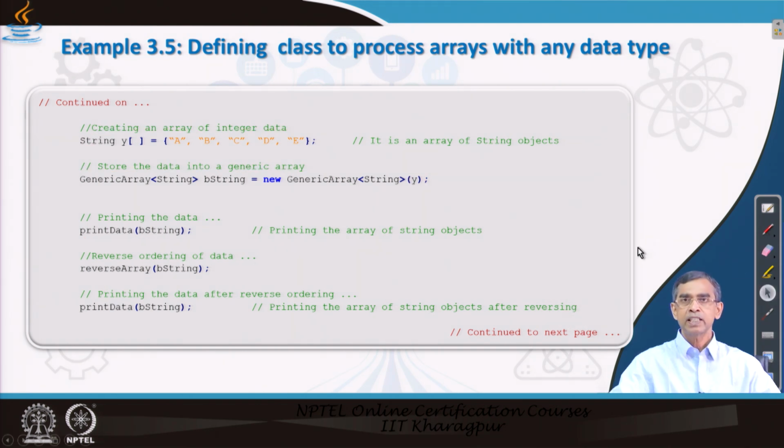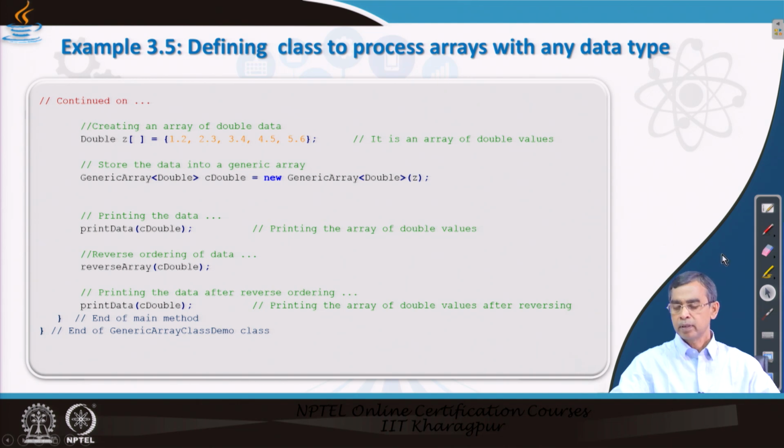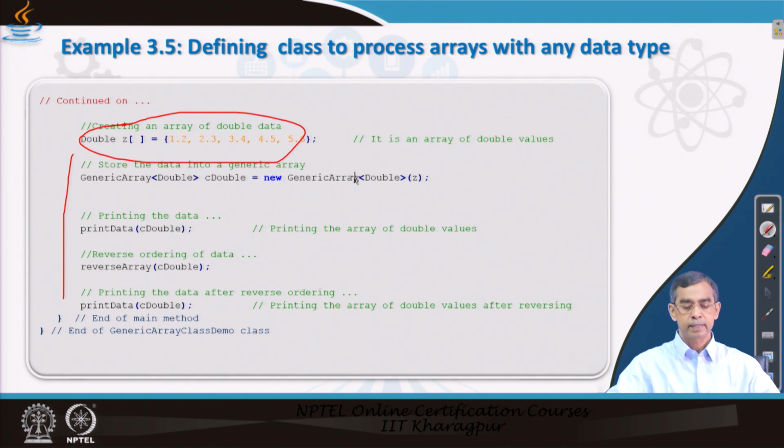So, if it works for integer, it will also work for double values, and this is an example where we can run the same program, but for arrays of double values. And the only thing that you should note is that while we are creating or passing the values into this program, we always create object arrays.